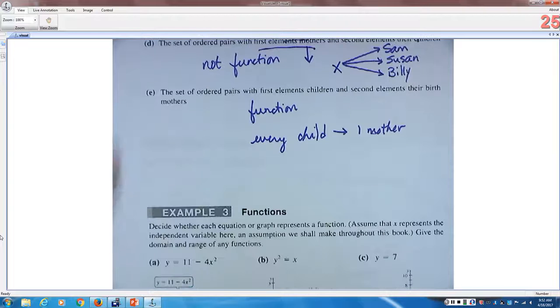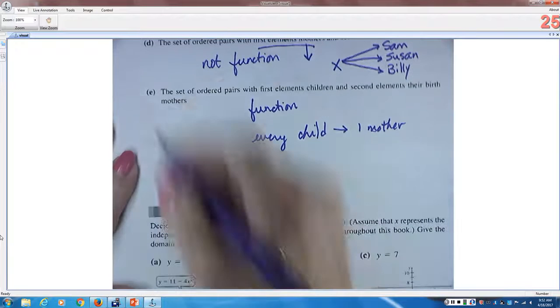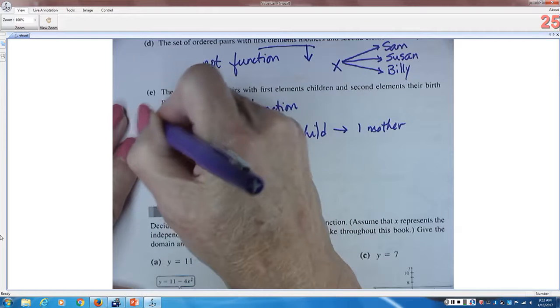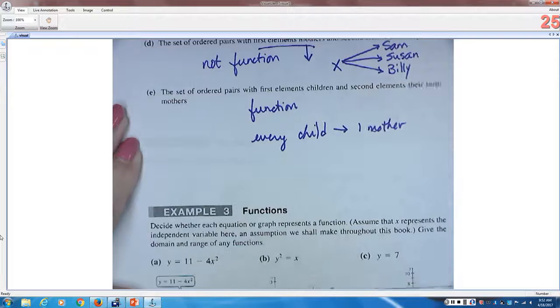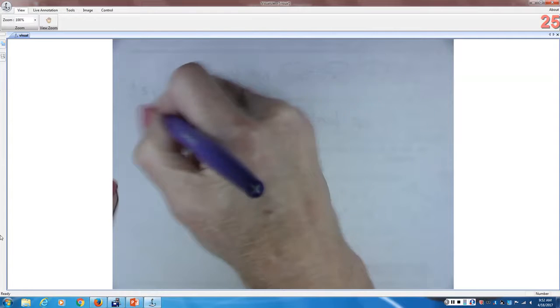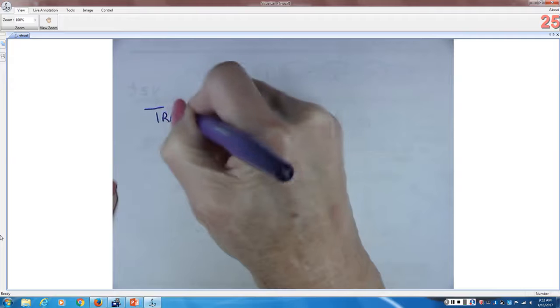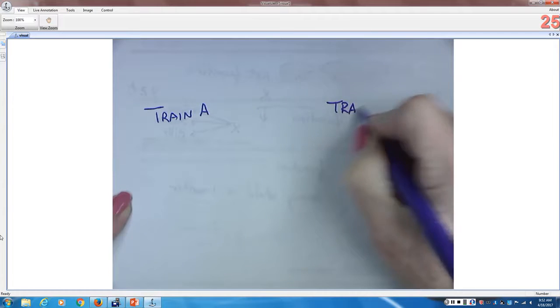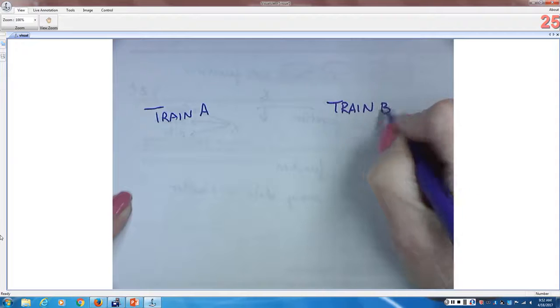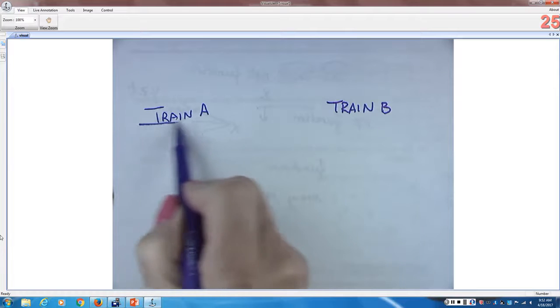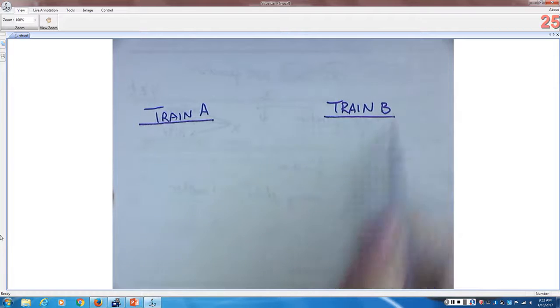Let's suppose that I've got two trains. Let me just flip this over on the back. I've got train A, and I've got train B. What's the difference between the second and first elements?